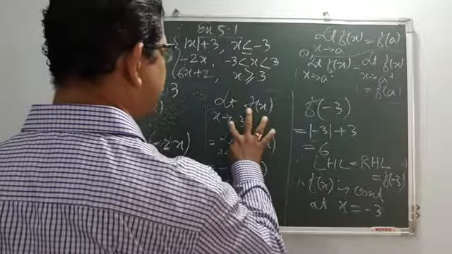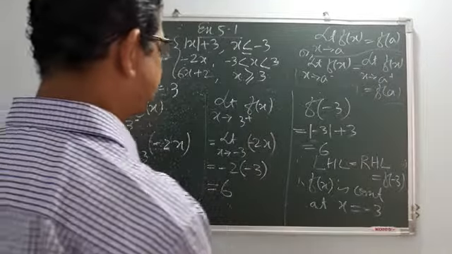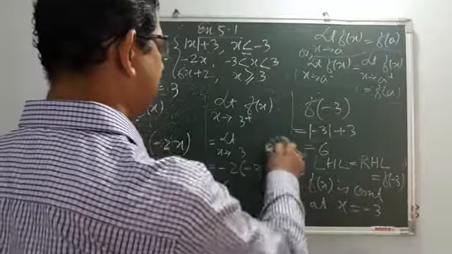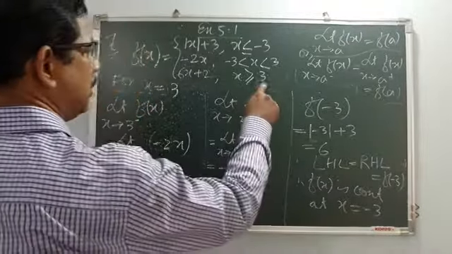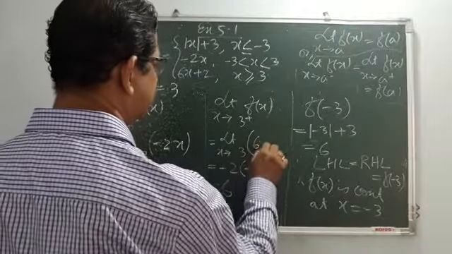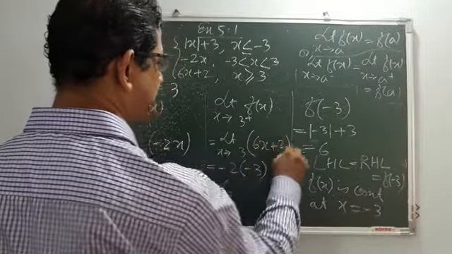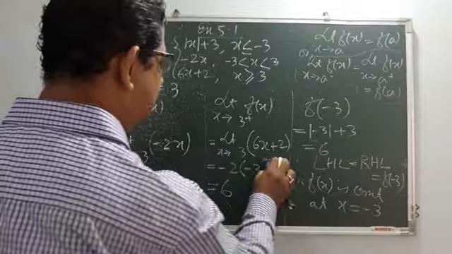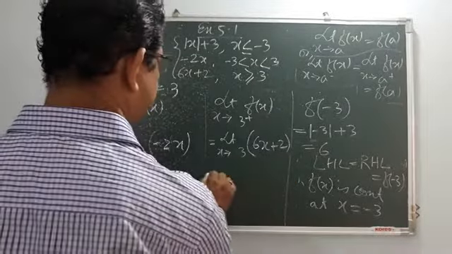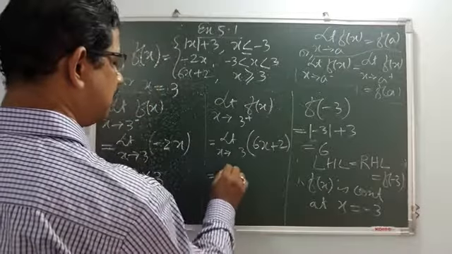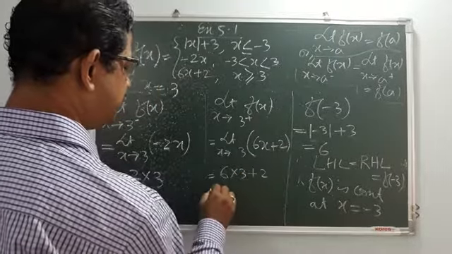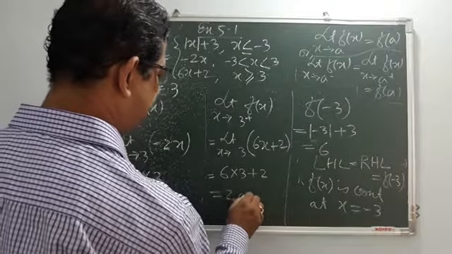Now, if I take RHL, then our value of f(x) for x greater than 3, it is what? 6x plus 2. Now, if we put our value of x as 3, then we can withdraw the limit. 6 into 3 plus 2. So 6 threes are 18 plus 2 is 20.